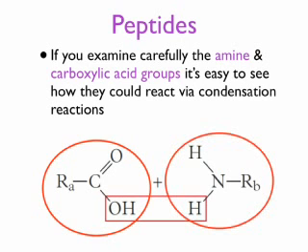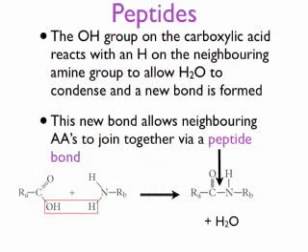What we'll see happening is the following. The hydroxide group on the carboxylic acid, down the bottom left, reacts with just a single H on the neighbouring amine group. This allows H2O to condense and a new bond is formed. Now the new bond allows a neighbouring amino acid to join to its neighbouring amino acid to form a peptide bond.